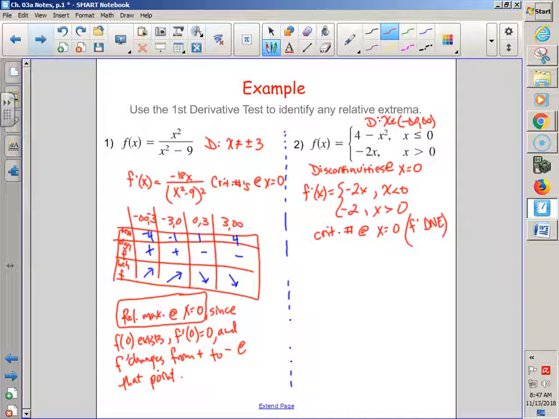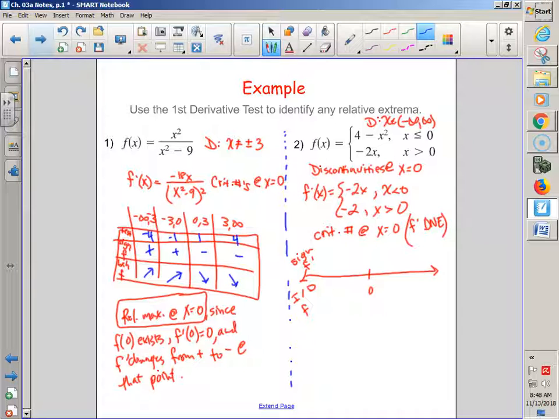Sign chart time, but let me go ahead and do a number line this time. Some of you might prefer this. I'm going from negative infinity to infinity, so my number line is forever left, forever right. I have a 0 in the very middle. I'm trying to think about the behavior, increasing, decreasing of f, if that helps. In my head, I would say, what's something in between negative infinity and 0?